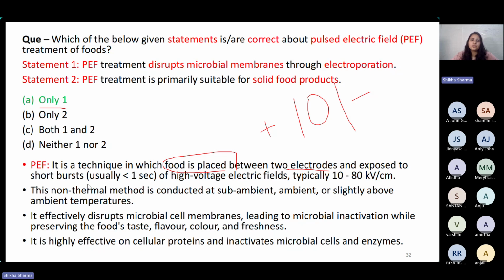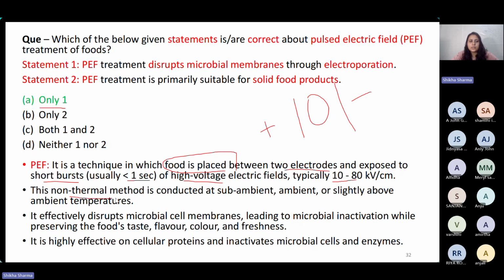And exposed to short bursts, which is less than 1 second, of a high voltage electric field, like 10 to 80 kilowatt per centimeter. So a very high voltage electric field will be applied for a very short time.